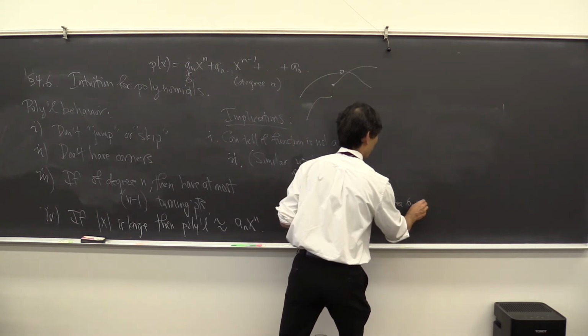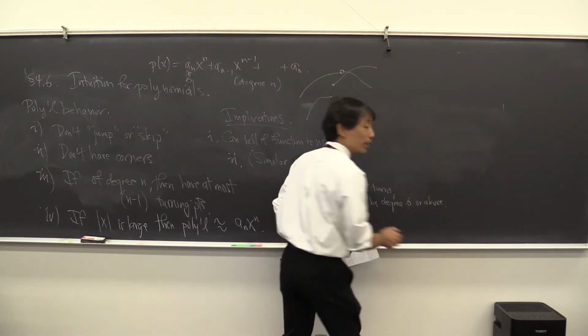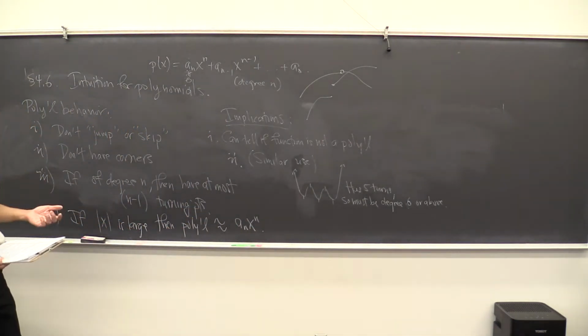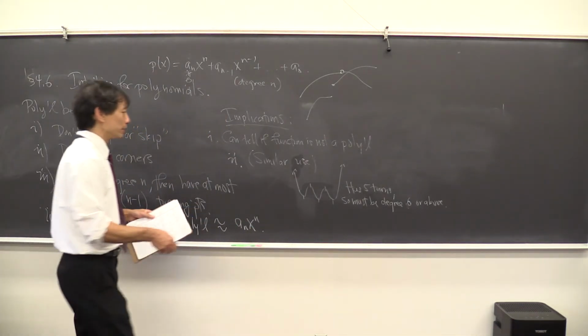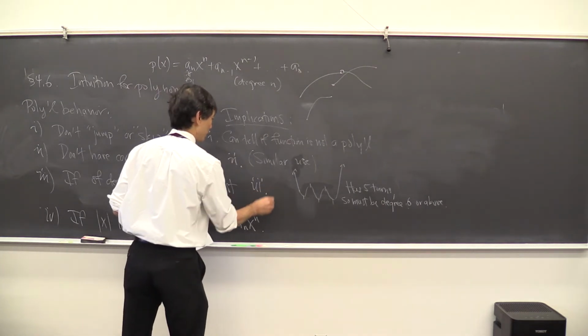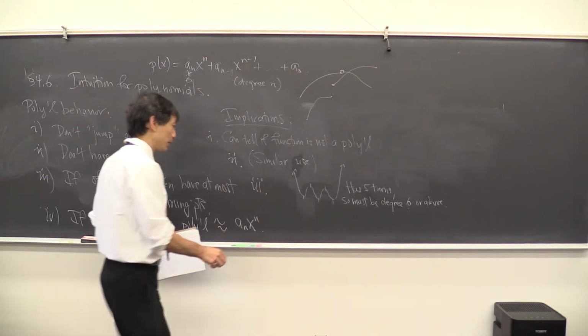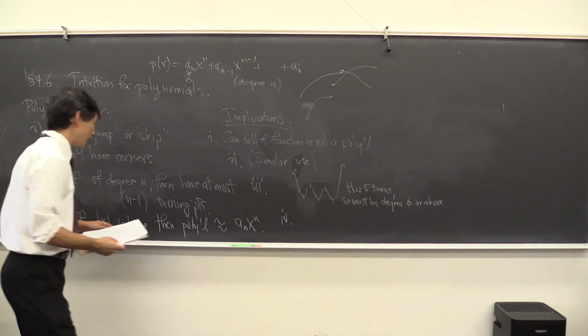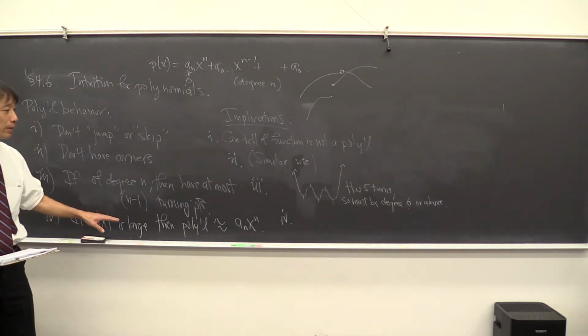Degree 6 or above. It's not clear, you don't know what degree it is. Okay. And number 4: if x is large, then the polynomial looks like this.